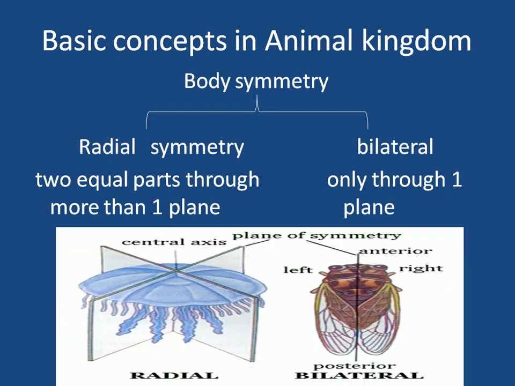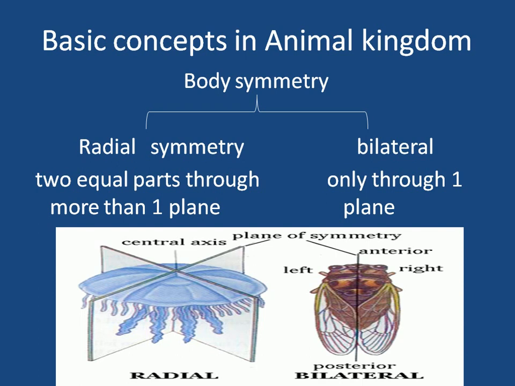If we see the diagram, it will become easy for us to understand the meaning of what we have discussed just now. First is radial symmetry. This particular organism is a jellyfish, which belongs to phylum Cnidaria. Cnidaria is the second phylum. First was Porifera.